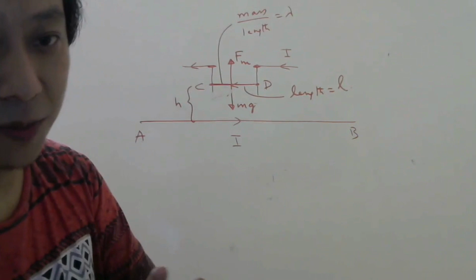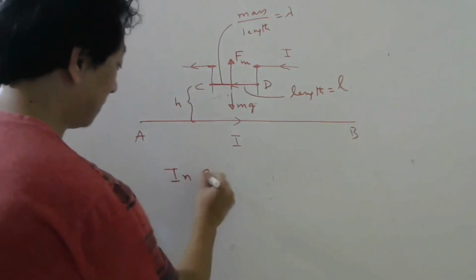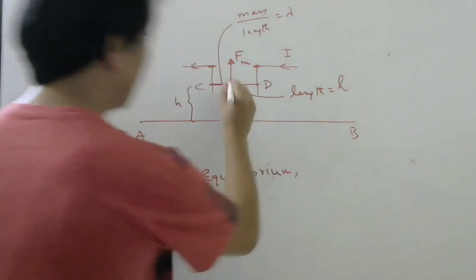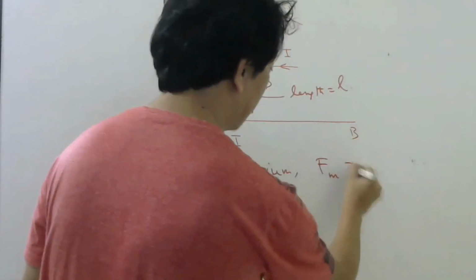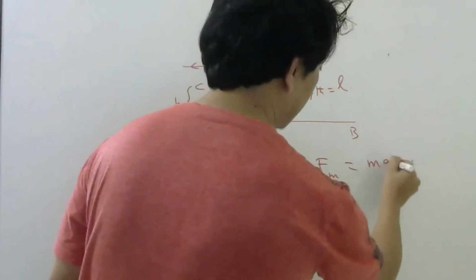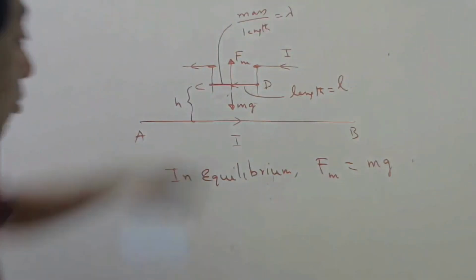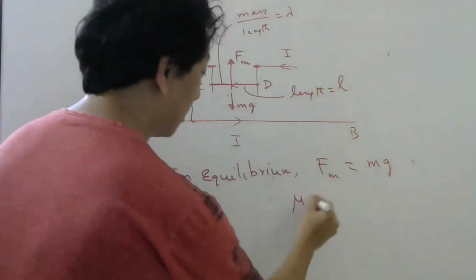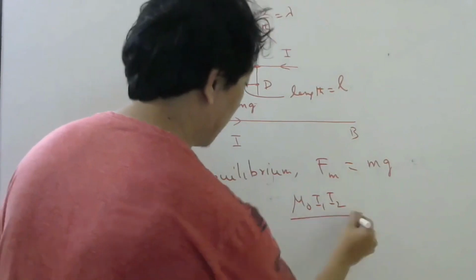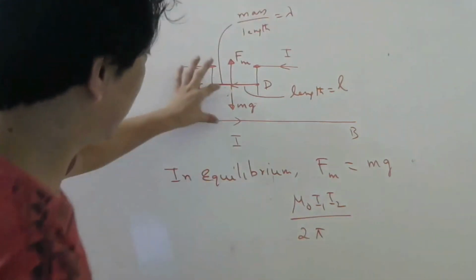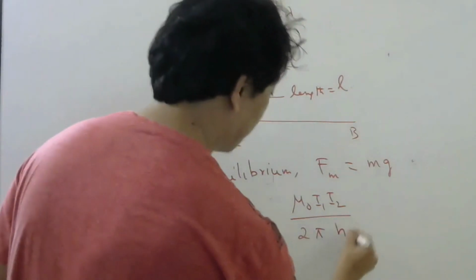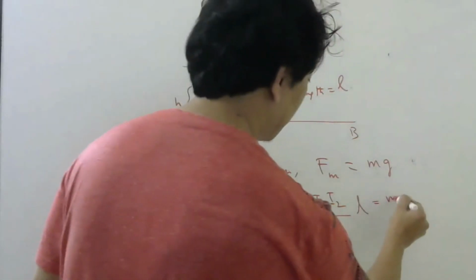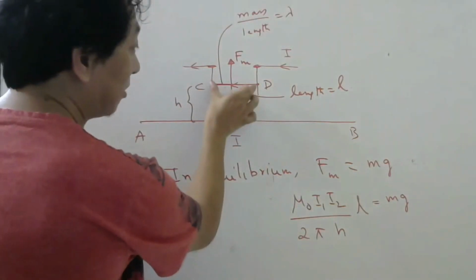So in equilibrium, this magnetic force must be balanced by this mg. Correct? Now what is the magnetic force? This is a parallel wire, so for parallel wires you apply the standard formula: mu naught I1 I2 by 2 pi times this distance, which is h, into L equal to mg, because we want the force on this length of the wire.